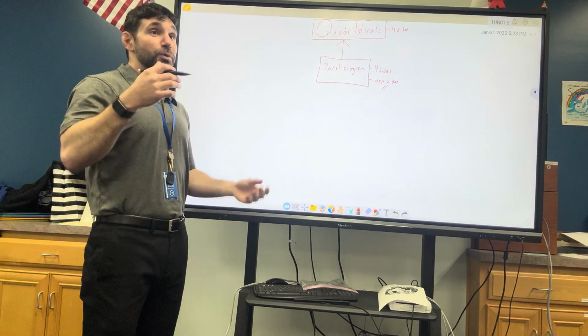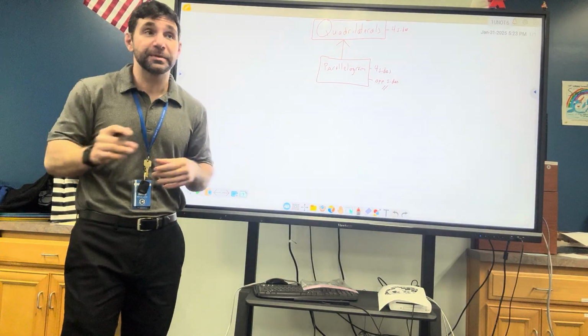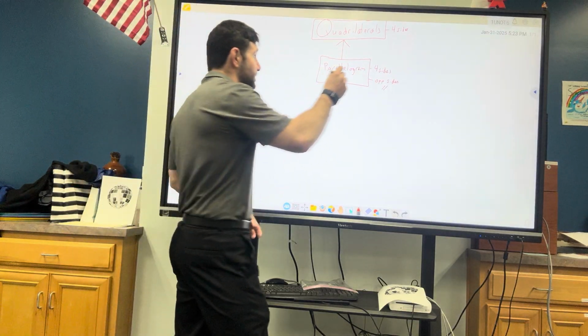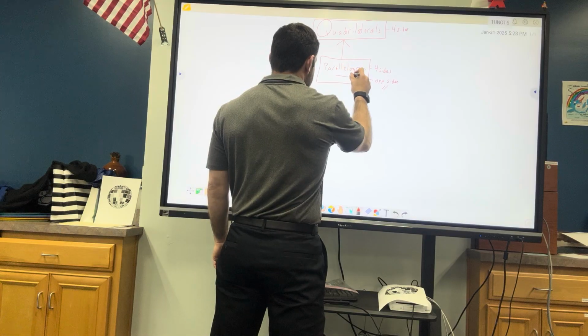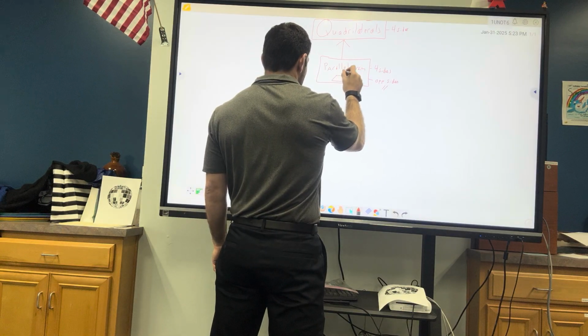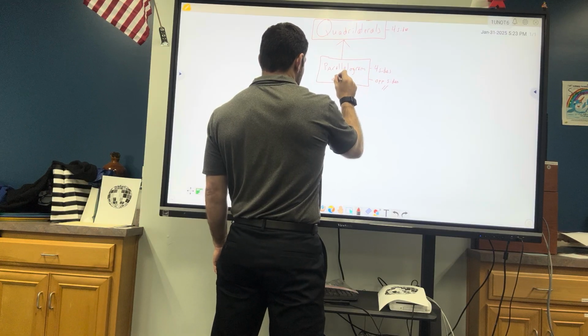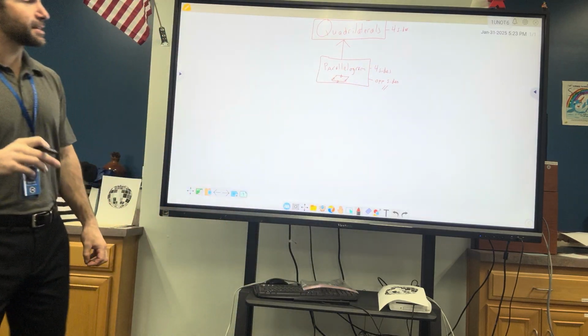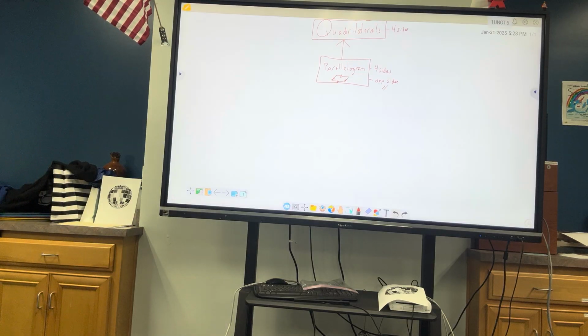It really says 2 pairs of opposite sides are parallel. So when I draw this, I have a parallelogram, and I have a parallelogram. So the opposite sides are parallel. Everybody with me there? Yes. Okay.